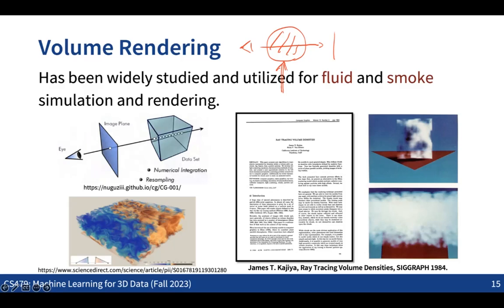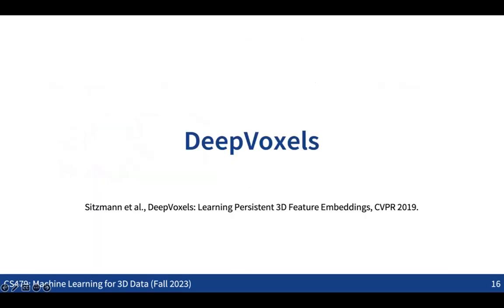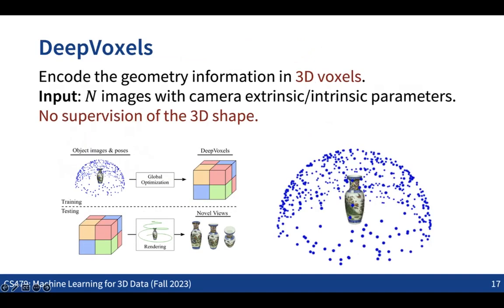For that, let's first see an earlier version of this idea, which is the work called DeepVoxels, a relatively simpler idea than the things we're going to discuss in the next slides. But the idea of DeepVoxels is the same setup: we are going to reconstruct a set of 3D deep voxels from the multi-view images. As I mentioned in the previous slides, we are assuming that we have all the camera information for each of the multi-view images.